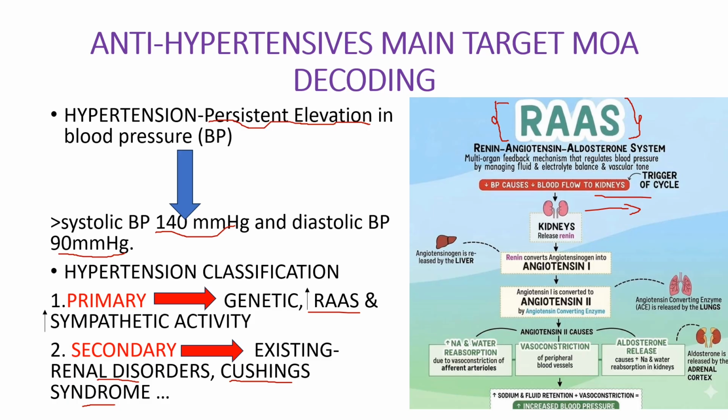A decrease in the blood flow to the kidneys is the trigger, which initiates the cycle of the renin angiotensin aldosterone system.